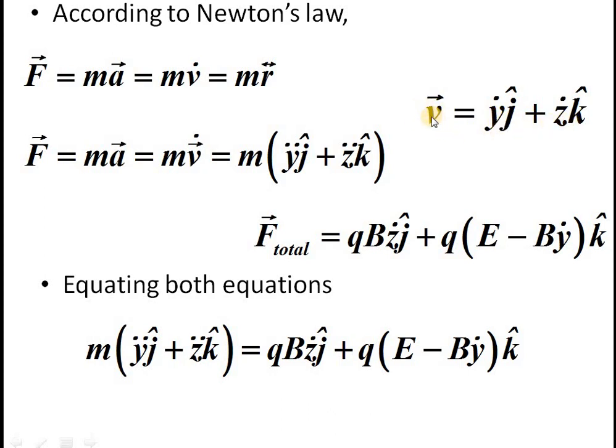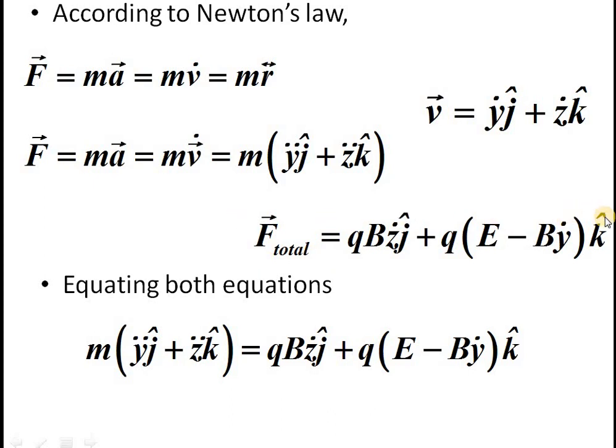If you differentiate once again with time, dV by dt, this will be y double dot and z double dot. So finally force is equal to m times (y double dot j cap plus z double dot k cap). This is according to Newton's law.